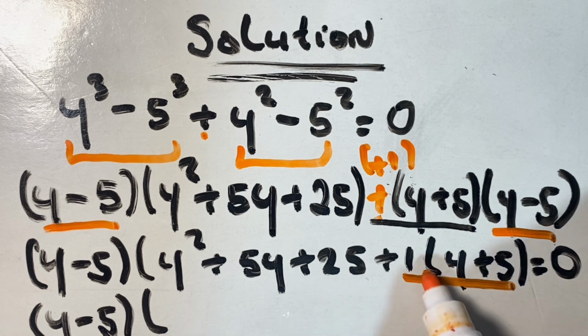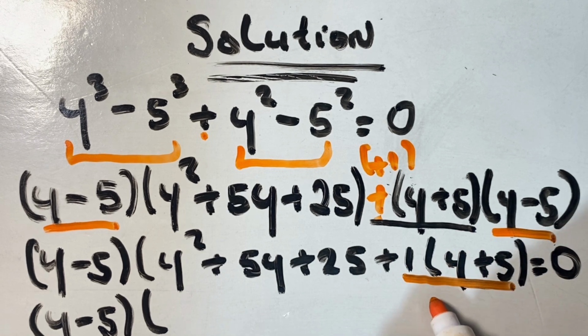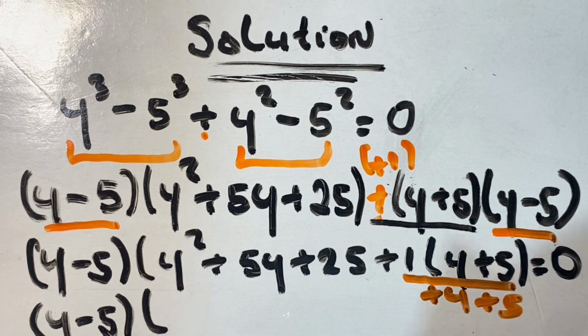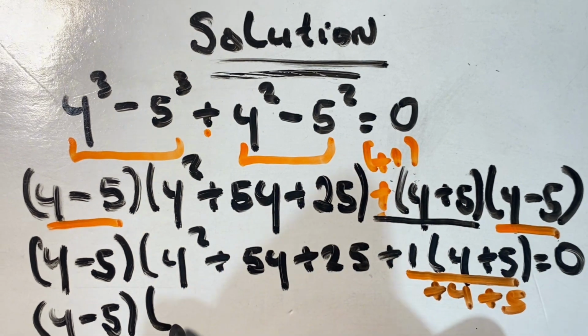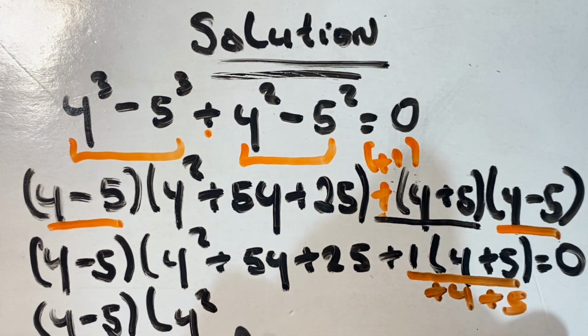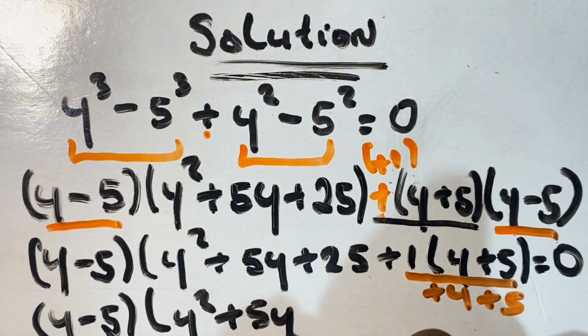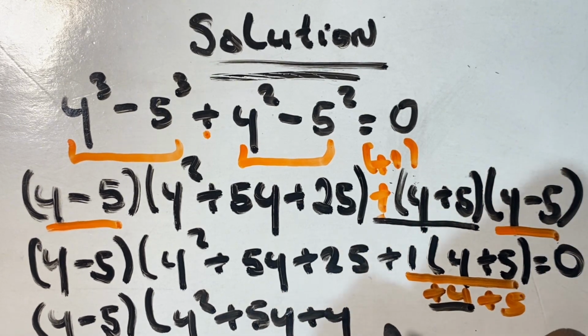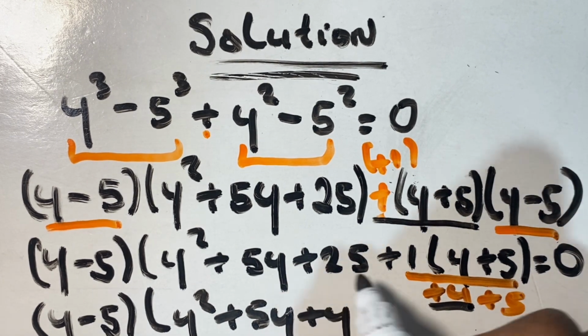Expanding our brackets in this situation, we would have plus y plus 5. So we're just going to add that in the other pair of brackets. So we have y minus 5 in one bracket, and in the other bracket we would have y squared plus 5y plus y. Then we would just add the 5 to the 25, so that's 25 plus 5.